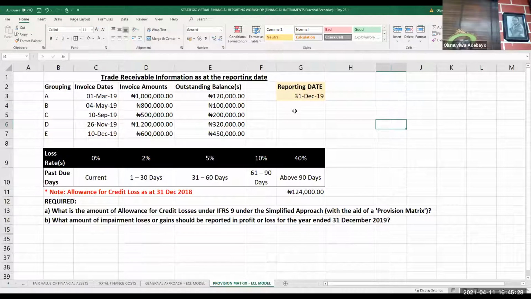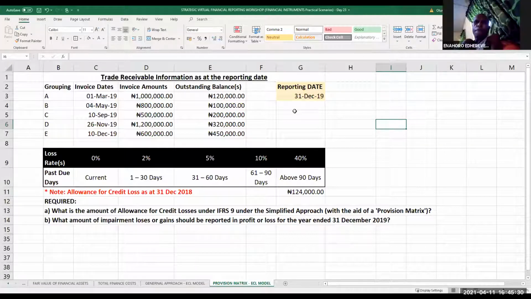So on the 4th of May, invoice amount 800,000, but as at the reporting date, 31st December 2019, the outstanding balance is 100,000. The invoice on 10th September 2019 was 500,000, with 200,000 outstanding at the reporting date.